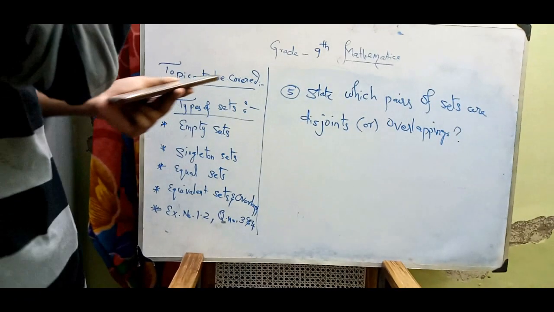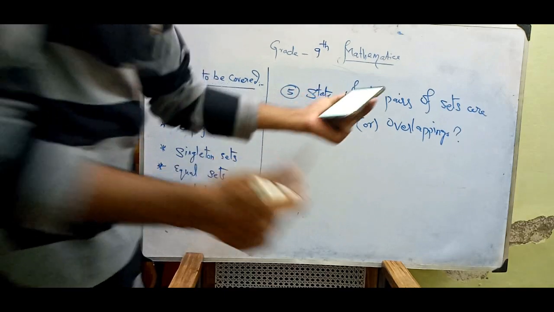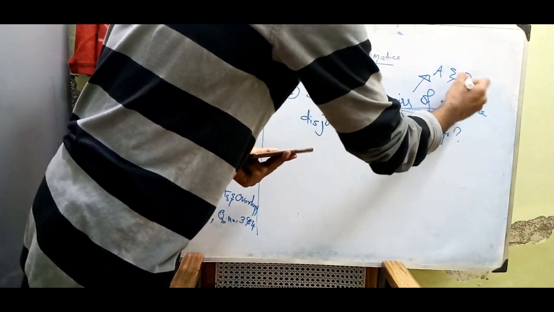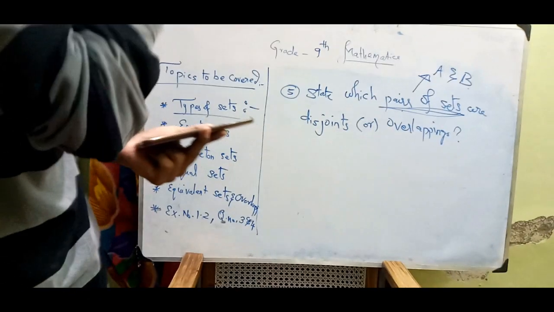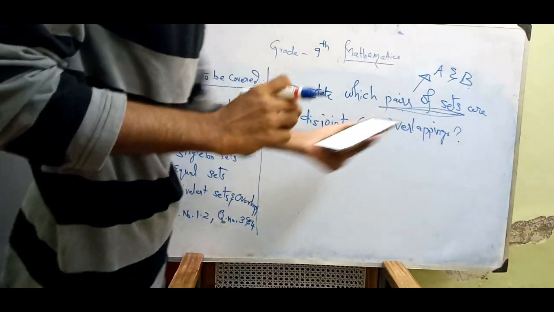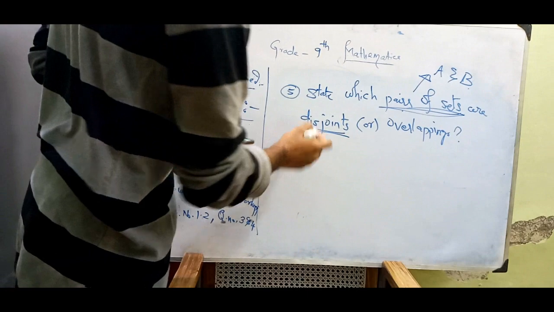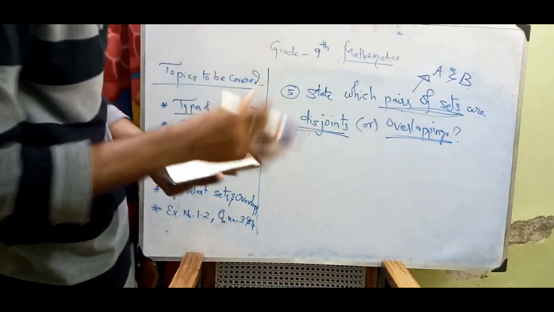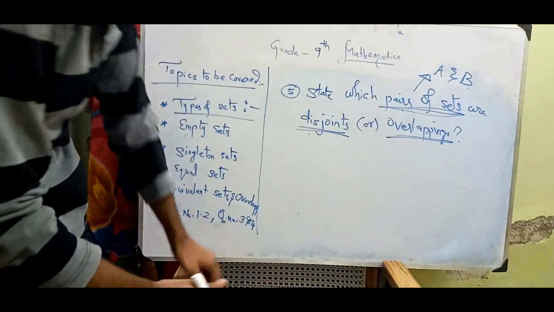Okay, so we need to check which pair of the set. We know a pair of sets has A and B. Definitely it will have two sets. Okay, pair of sets means two sets. So state whether pair of sets are disjoint. Disjoint means there is no element in common. Overlapping means there should be some element, at least one element, in common.